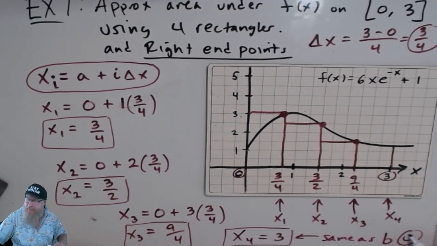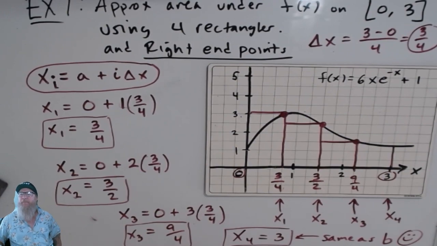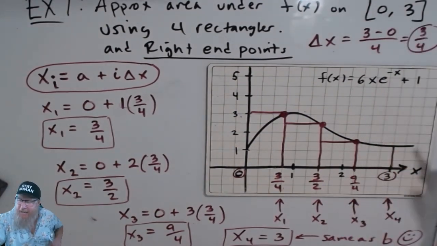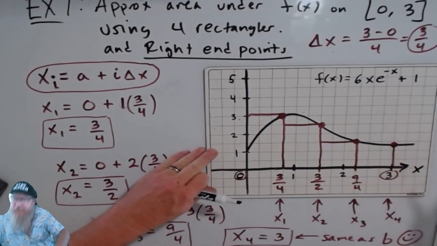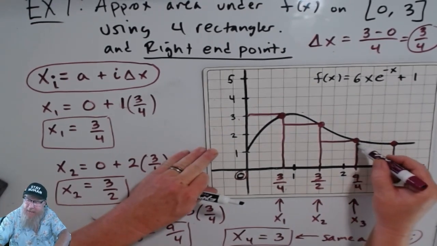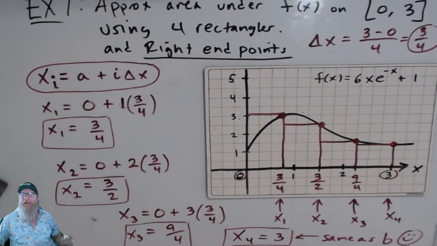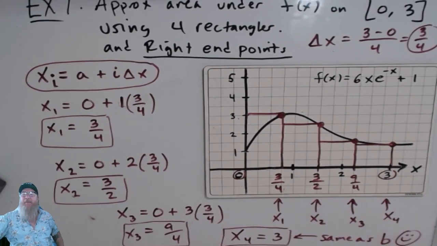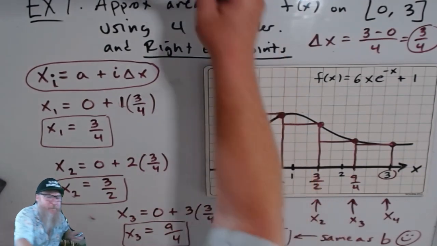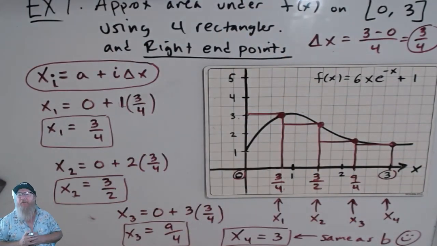And that's a nice little fact that's always true. So the b is 3, so that means the last right-hand endpoint must be b. It's the last point on the right, so that's the one you're going to get for free. Again, I call that a freebie. You don't have to solve for the last one. So that's the advantage of the right-hand endpoint rule.